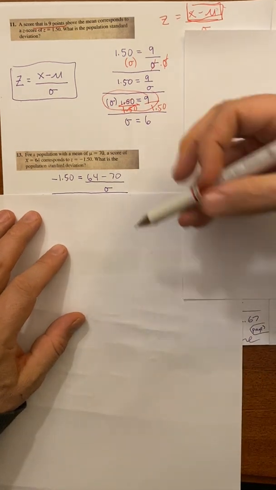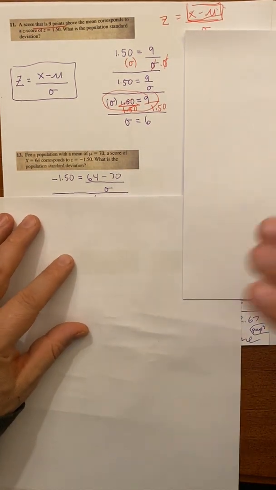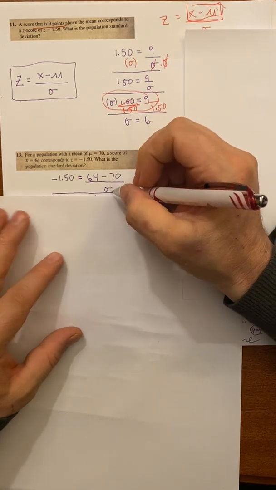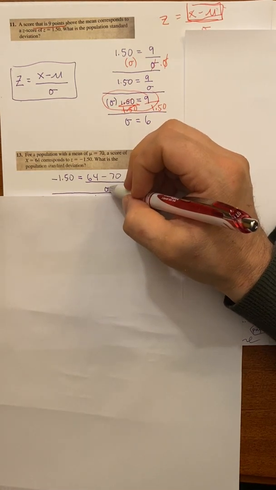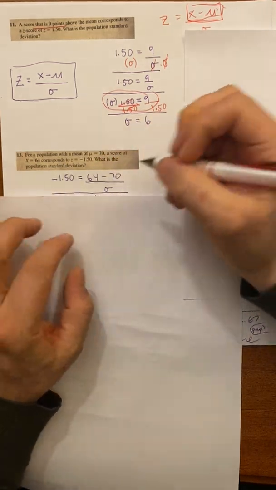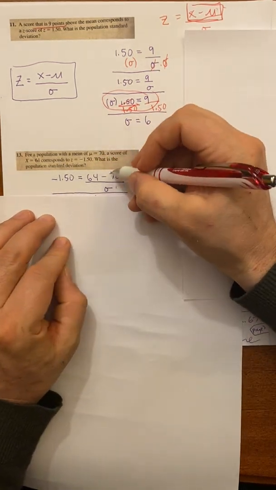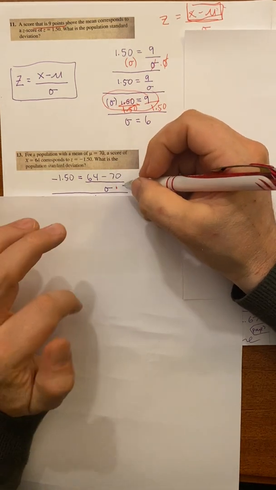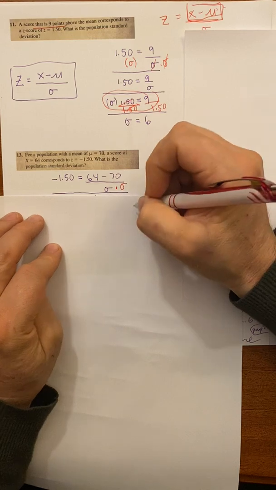This problem looks exactly like the same problem, so we're going to solve it exactly the same way. I want to isolate this standard deviation, but I'm going to do it by moving it to the left of the equal sign. Remember, the way that we did it was, because it's part of a division problem to begin with, we're going to engage in the opposite operation, which is multiplication.